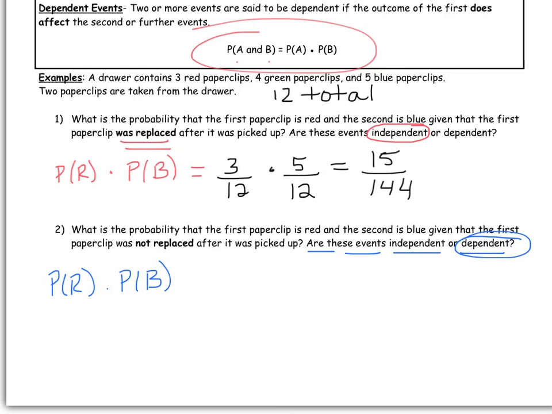So the probability of red is still the same, 3 out of 12. Now the probability of blue is still 5, but now out of 11. It's out of 11 because I didn't replace the one that I took from the first spot. So my answer is 15 out of 121. And again, you don't have to simplify it unless you want to.